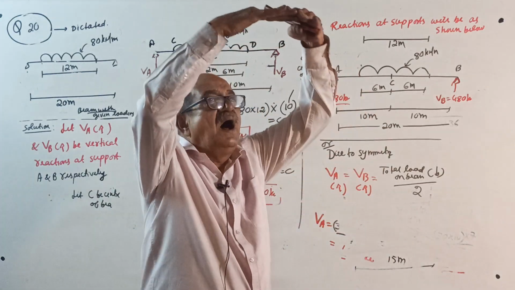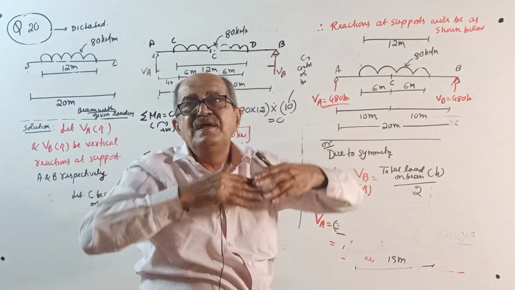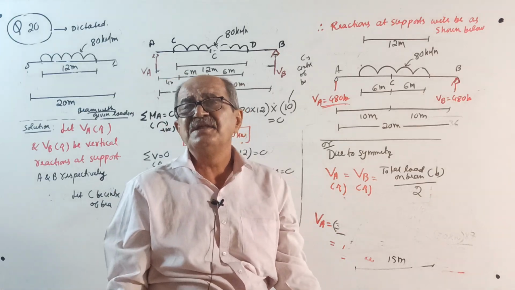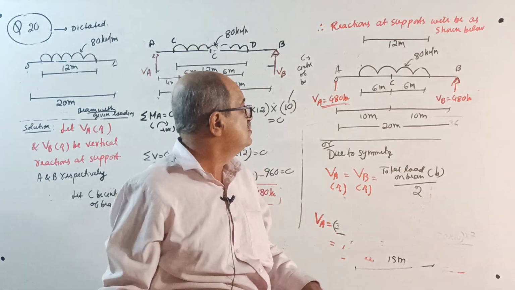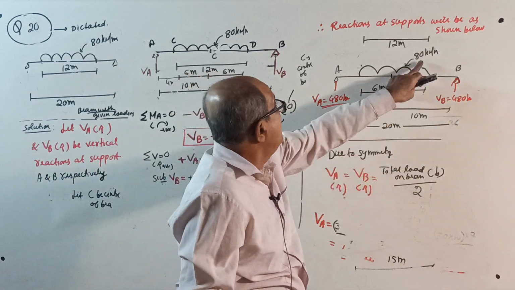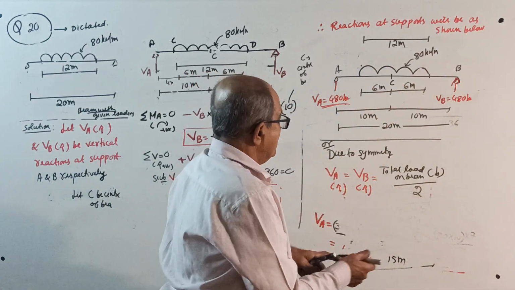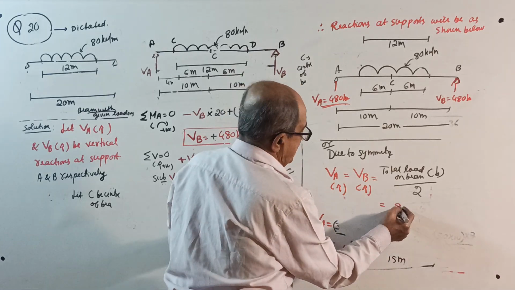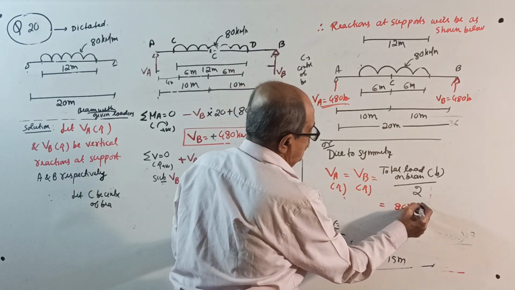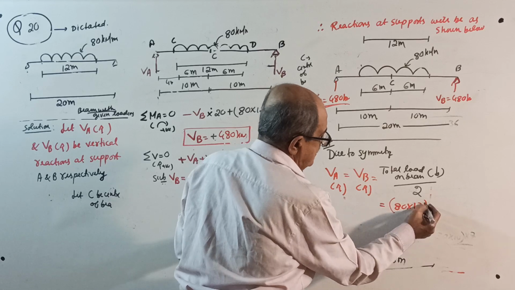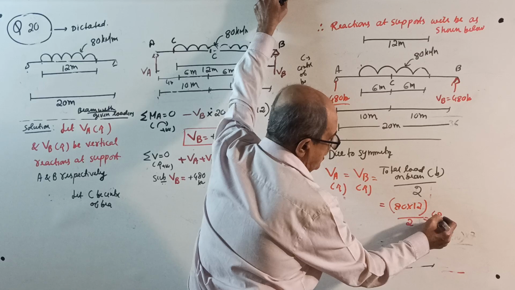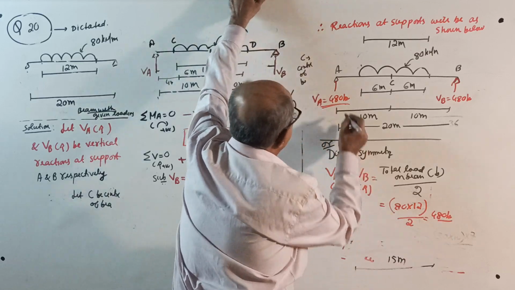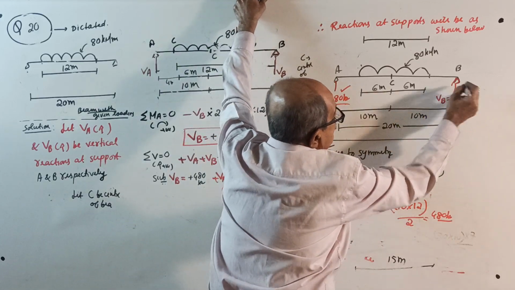So, whatever is the action, the sum of the reactions are equal. Symmetry is there, both reactions are equal. So this is 80 kN per meter for 12 meter, the total load, divided by 2, and finally 480 kilonewton. That is the answer here. See, 480 and 480 kilonewton.